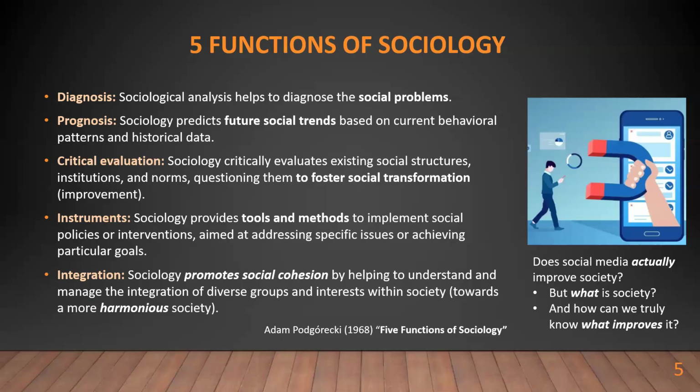And then integration. Sociology promotes social cohesion, at least it tends to, by helping to understand and manage the integration of diverse groups and interests within the society, hopefully towards a more harmonious society.